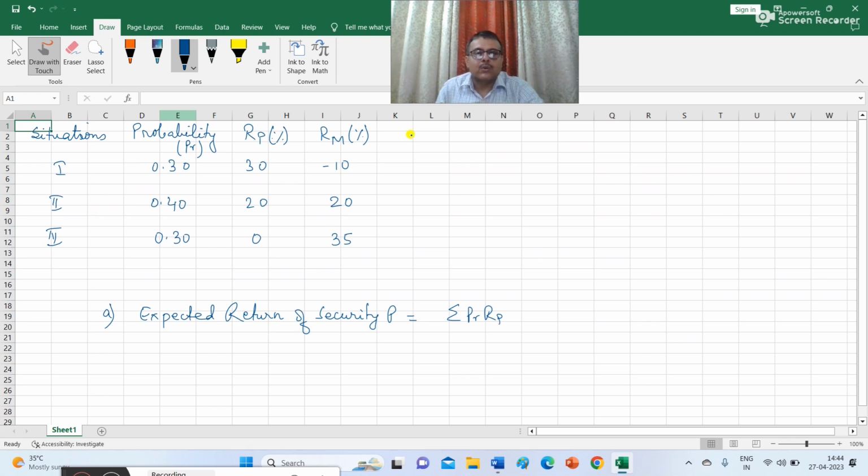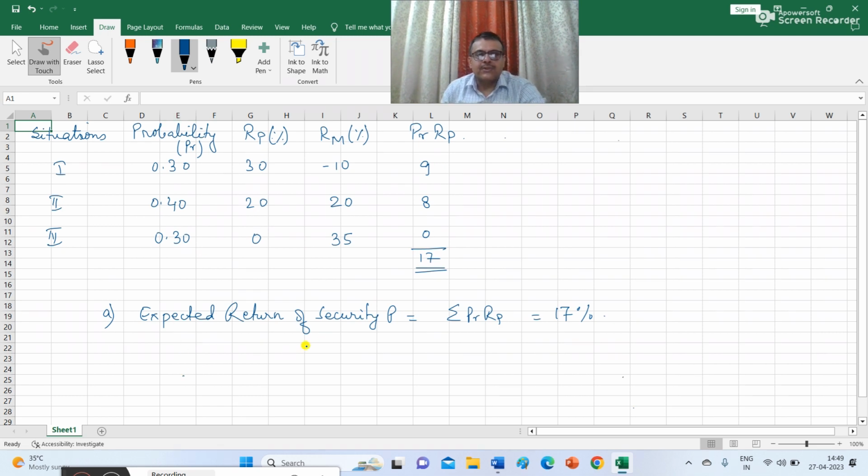So you need to calculate the multiplication of PR and RP. You will get 9, that is 0.30 multiplied with 30 is 9, 0.40 multiplied with 20 is 8, and 0.30 multiplied with 0 is 0. So expected return of security P is 17%.